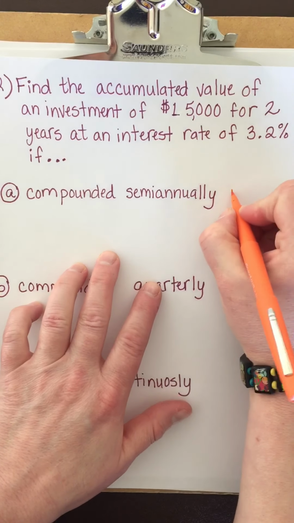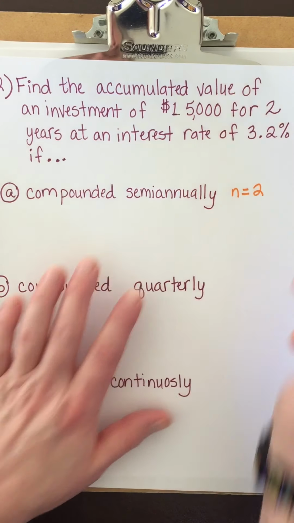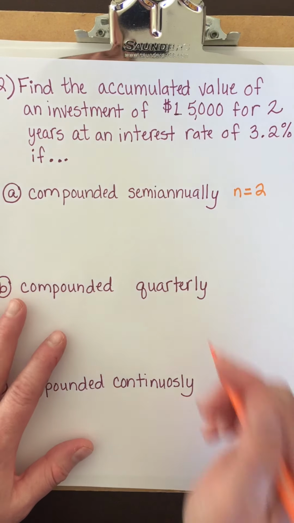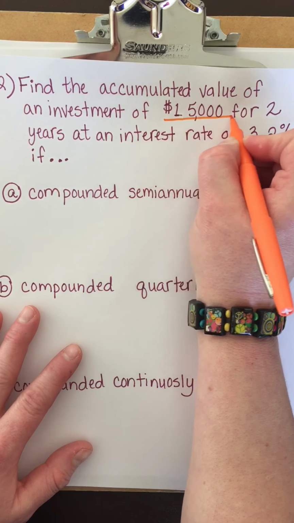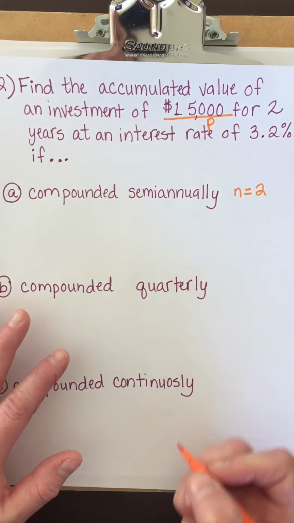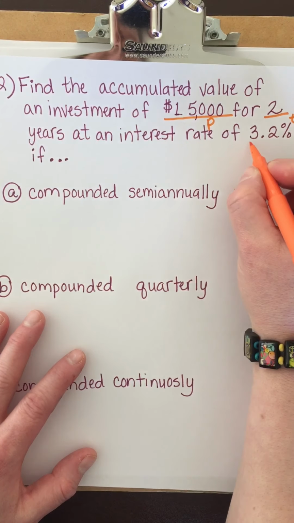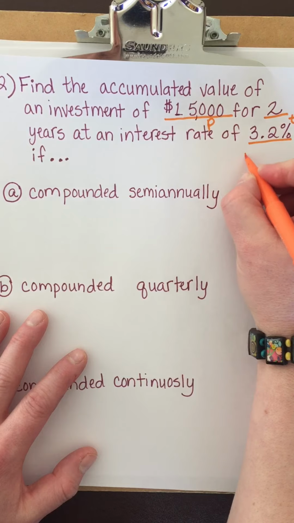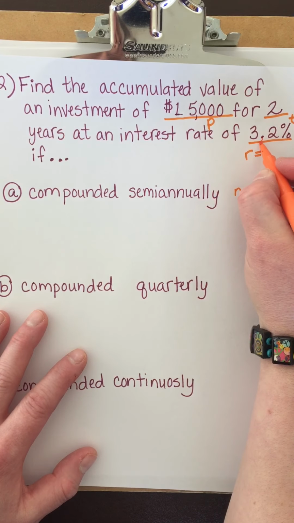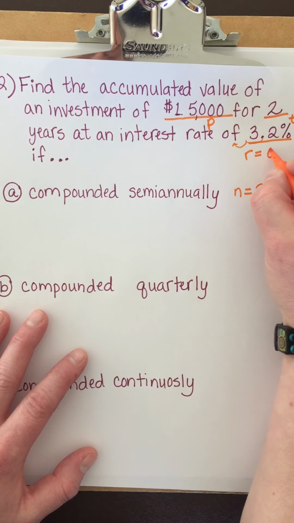Well, we know that that means that n equals 2, and we're just going to plug these numbers they give us into the formula. So this 15,000 would be my principal, the 2 would be my time, and the 3.2% would be my rate, but I'm going to change that by moving the decimal.